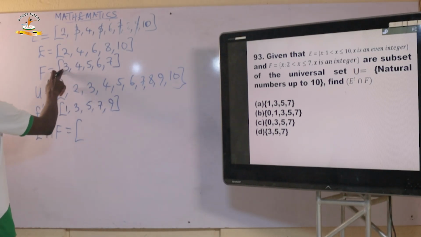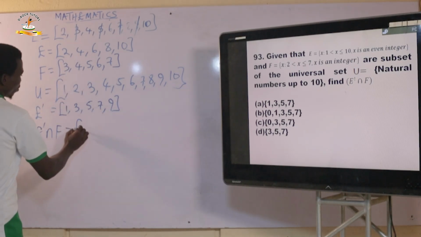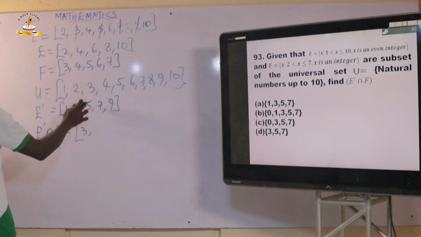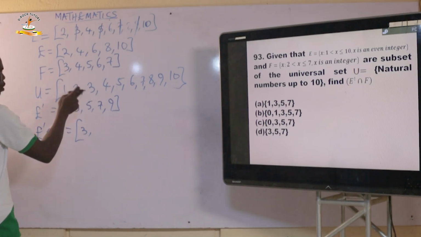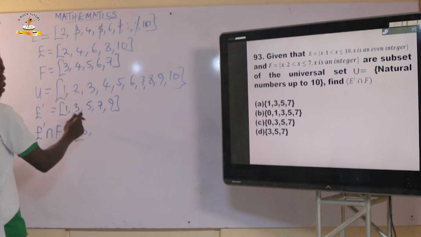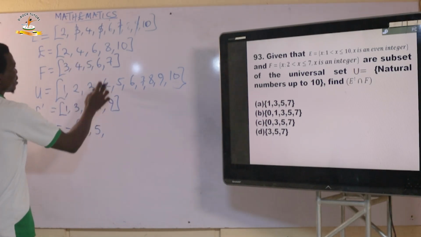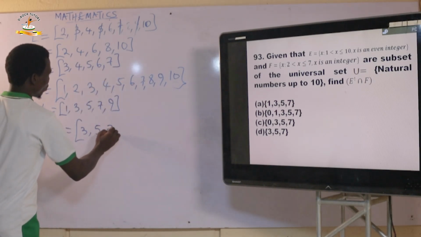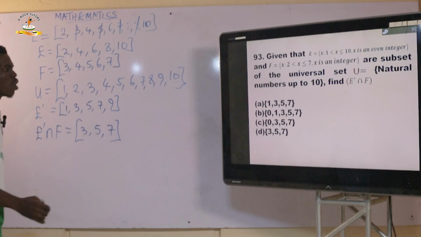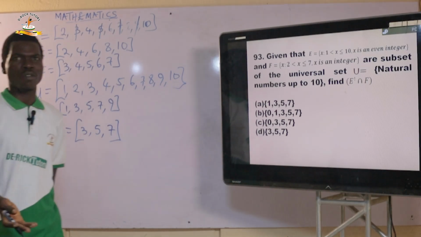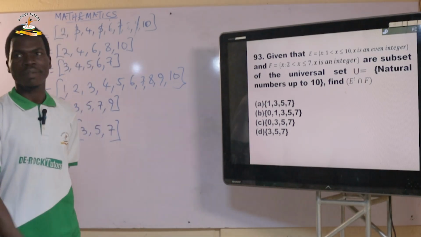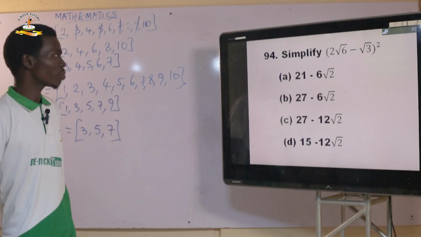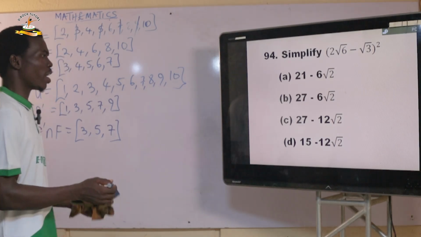There is 4 here, there is no 4 in E prime, so we cannot include that. There is 5, there is 5, so I include 5. There is 7, there is 7. We also include that. And that is all. So it's going to be 3, 5, 7, which is option D. Next question.